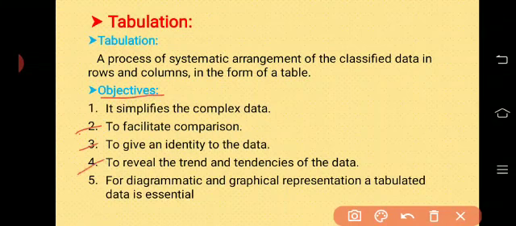Next objective is to reveal the trend and tendencies of the data. If the tabular form of data is there, then we can easily reveal the trend and tendencies of the data. And the last objective is, for diagrammatic and graphical representation, a tabulated data is essential.